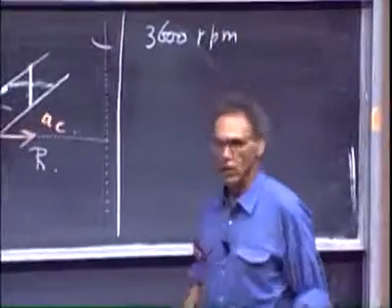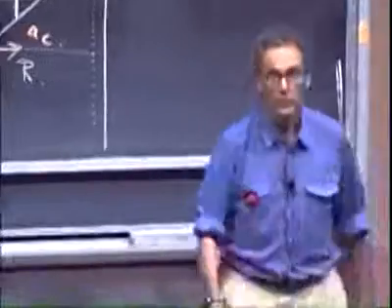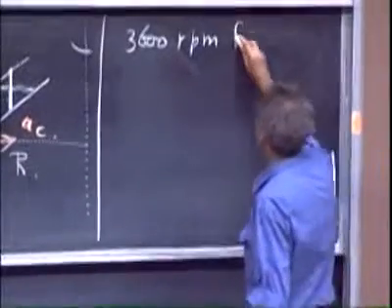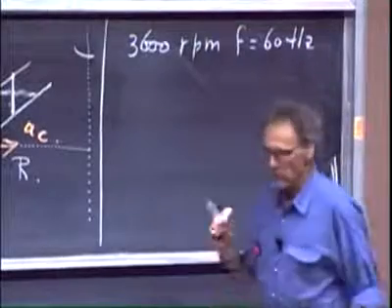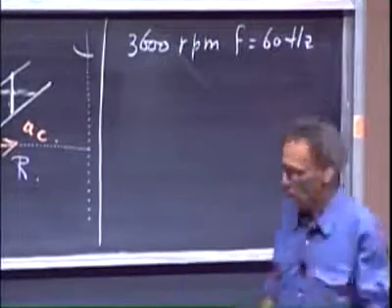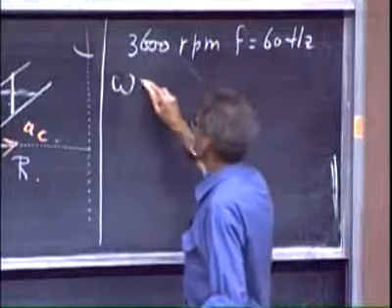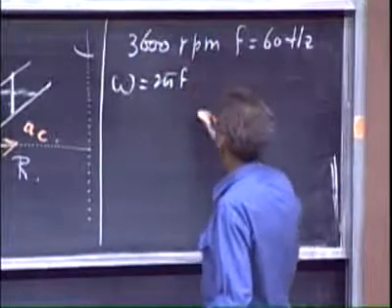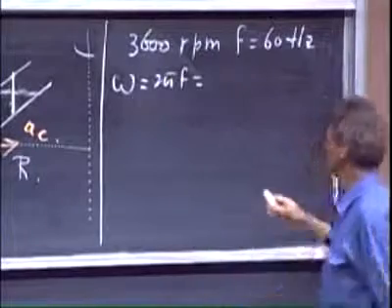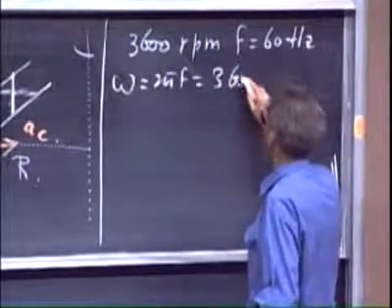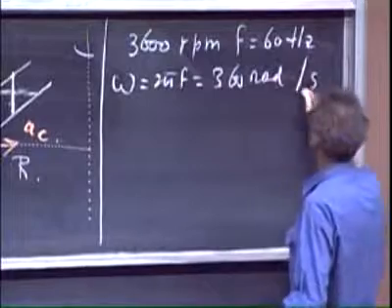So 3,600 RPM translates into a frequency of 60 Hertz. So it goes around once in 1/60th of a second. Omega is 2 pi times f, and is therefore roughly 360 radians per second.